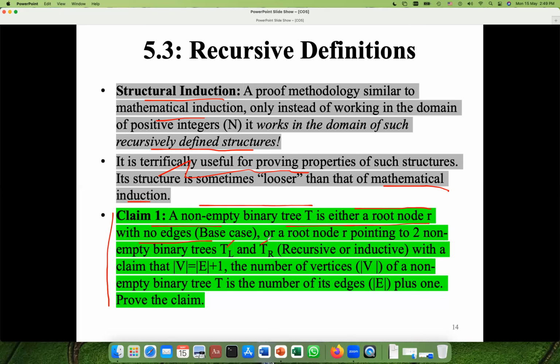So now this is TL and now this is TR. So this is the recursive step, or you can call it the inductive step.